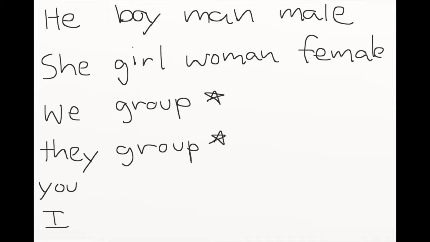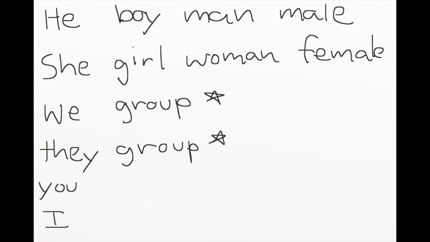Okay, when you're talking and using we, you are talking about a group of people, but you are a part of that group. So when you say we are going to the movie, you are included in that. You are going to the movie as well. When you use they, you are talking about a group that you are not a part of.